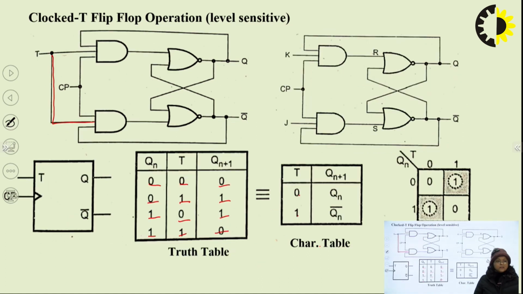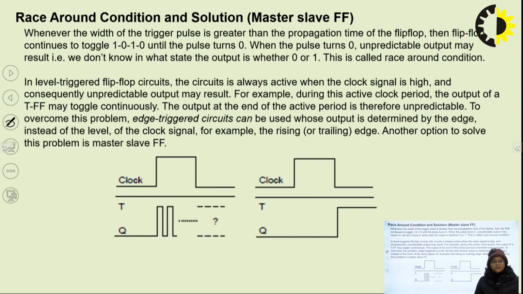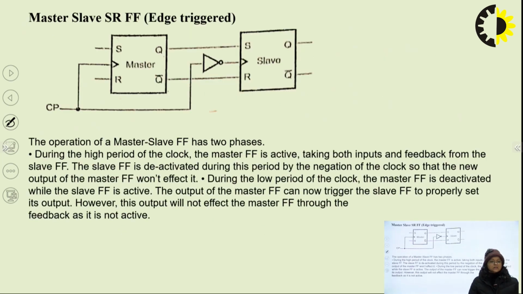That is, the output will continue to toggle between 1 to 0 and 0 to 1. This condition is called race around condition, and to solve this problem we use either edge triggered flip-flops or master slave circuits. We first discuss about master slave flip-flop.